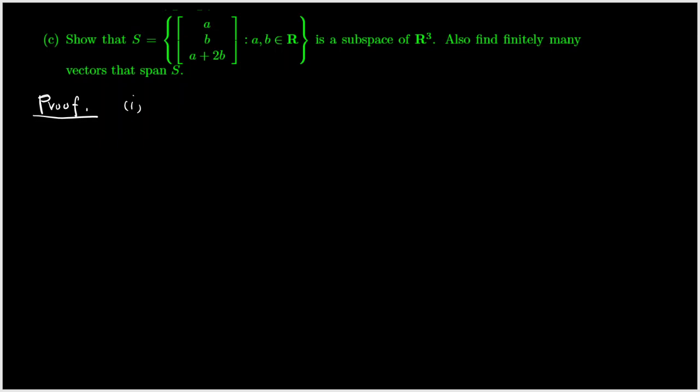Okay, now step 1, we're going to show S is closed under vector addition, right? We choose 2 arbitrary vectors from S. Now let's say one vector is a, b, and in order for the vector to be in S, the third component has to be a plus 2b, right?